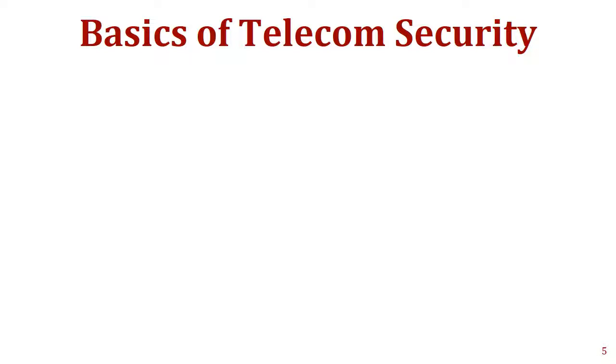Next, we will check out how security concerns and techniques have evolved along with the infrastructures. We know that telecom has evolved a lot from the first generation to the fourth, even fifth generation, and the infrastructure changed a lot. And of course, the standard makers also try to design better security solutions for telecom.